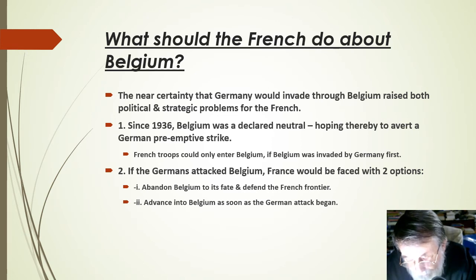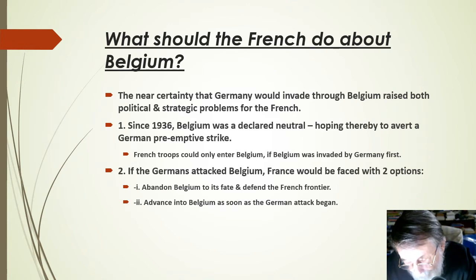In 1936, Belgium had declared neutrality, abandoning its earlier alliance with France, which had been made after World War I. The Belgian government hoped that by declaring itself neutral and firmly denying France the ability to send troops into Belgium, there would be no reason for the Germans to make a preemptive strike. This, of course, in retrospect, is very naive.